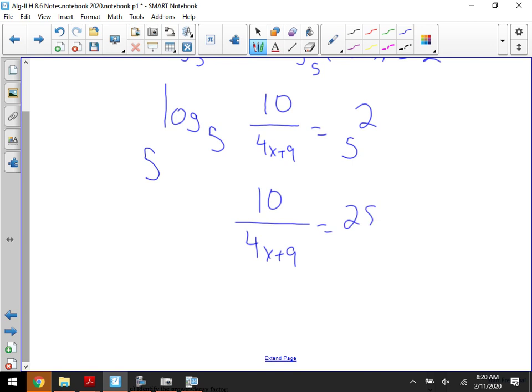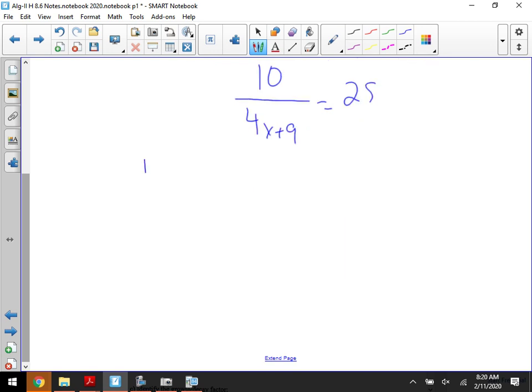Gotta do some cross multiplying here. So let's see, we have 10 is 100x plus 250, 225, I believe. Is that right? I don't know, whatever it is.